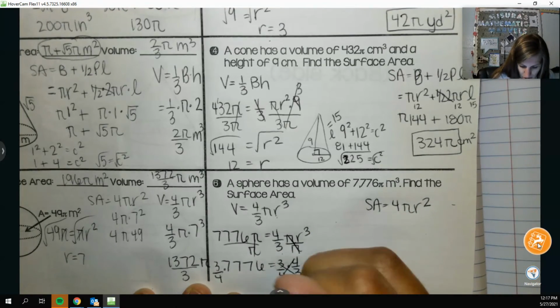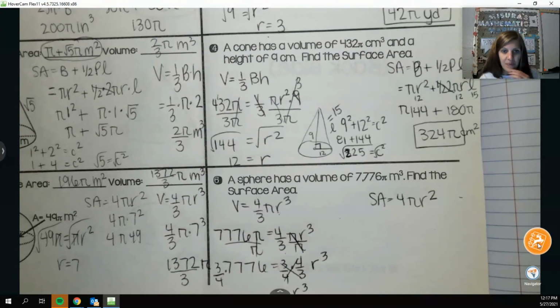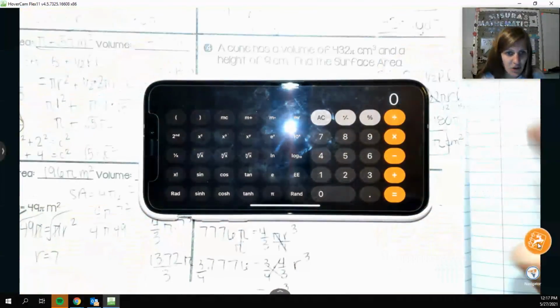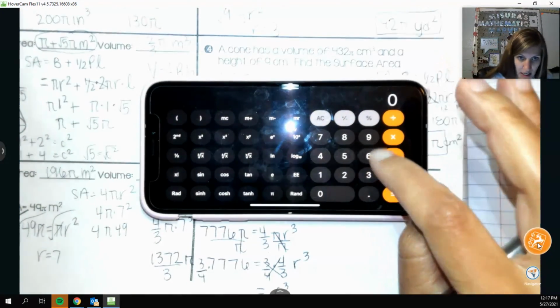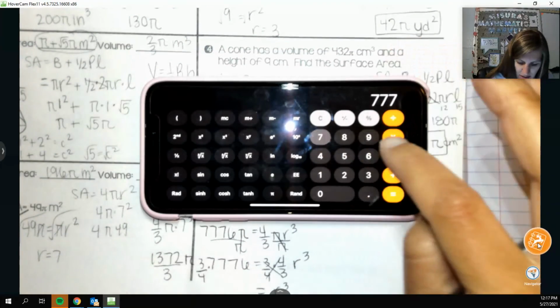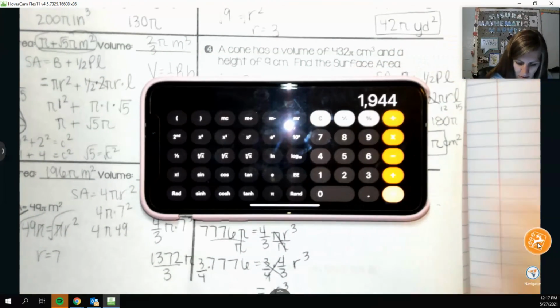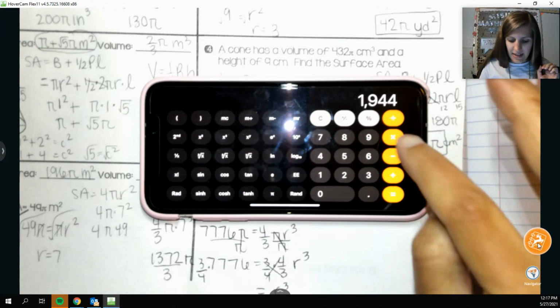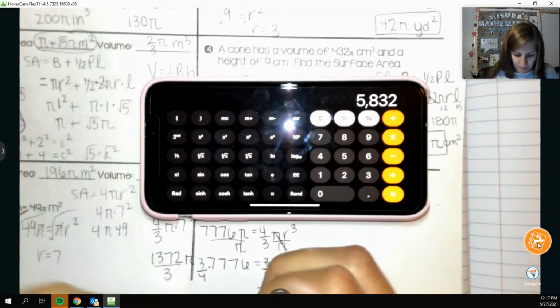So then we'll have r to the 3rd equals this crazy thing over here, which if I go back to my calculator, because again, big numbers, the first thing I try to do is divide it by 4. So I take the 7776 divided by 4. Please go. Yes. So it was divisible by 4. So now I can just times that by 3.